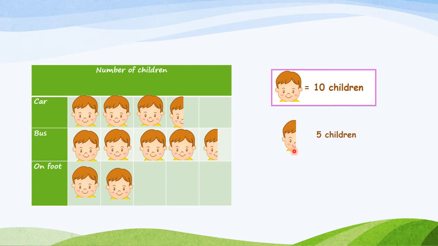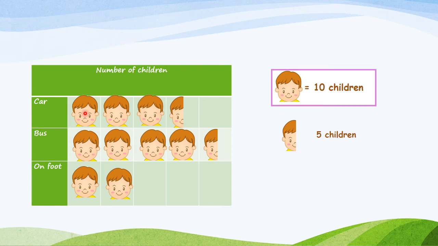How about this? This is a half a face. So it represents, yes, half of the 10 is 5. So this half face represents what? 5. So let's count. This time I'm going to count by 10 because this is 10 and this is 10 and this is 10.